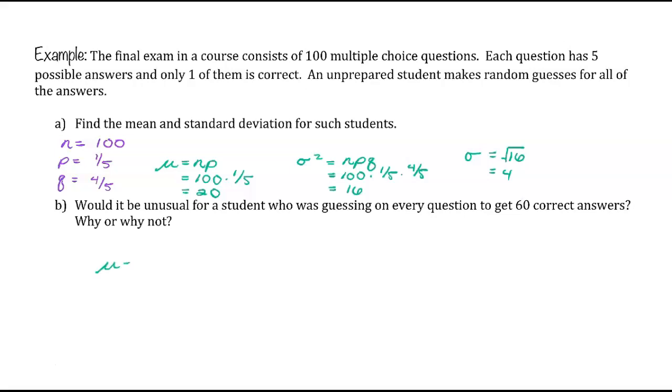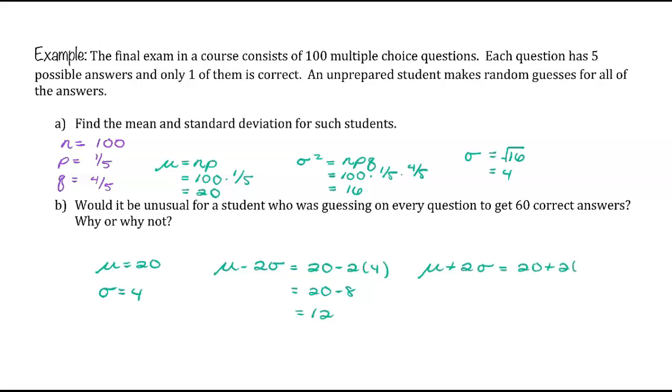With our mean of 20 and our standard deviation of 4, 2 standard deviations below the mean, or mu minus 2 sigma, would be 20 minus 2 times 4, or 20 minus 8, or 12. 2 standard deviations above the mean, or mu plus 2 sigma, is equal to 20 plus 2 times 4, or 20 plus 8, or 28.